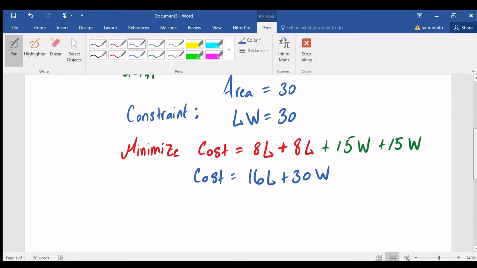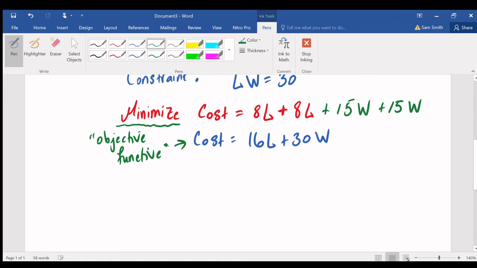Now, the quantity that you're trying either to minimize or maximize is called the objective function because it is your objective, it is your goal to minimize this. Now, when we say minimize, it brings me back to when we were talking about relative minimums and global minimums.